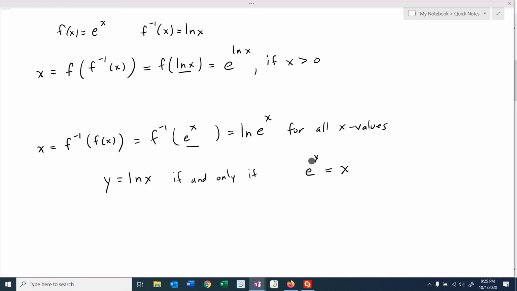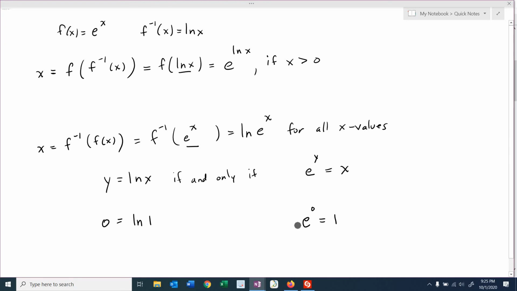Now, it may be helpful to come up with an example to show you this. If I say e raised to the 0 power, I get a 1 out. I'm inputting a 0, I'm getting a 1 out. If I write it in terms of its inverse, which is the natural log function, I'm going to switch the input with the output. So now I'm going to input a 1, and I'm going to get a 0 out.